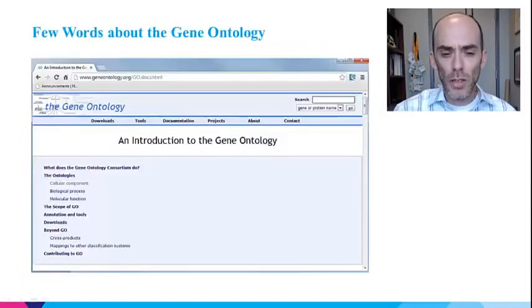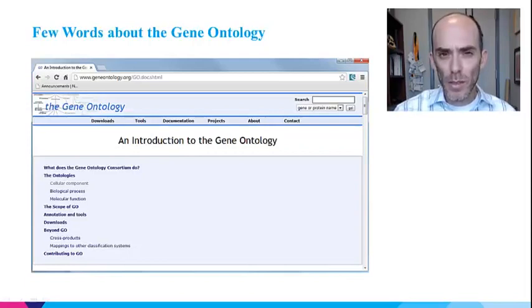So a little bit more about the gene ontology. This is an important component of data analysis in computational systems biology. It's an effort to try to associate genes with function, and the functional terms are organized in a tree that describes the terms in a level of detail, or the granularity of each term.